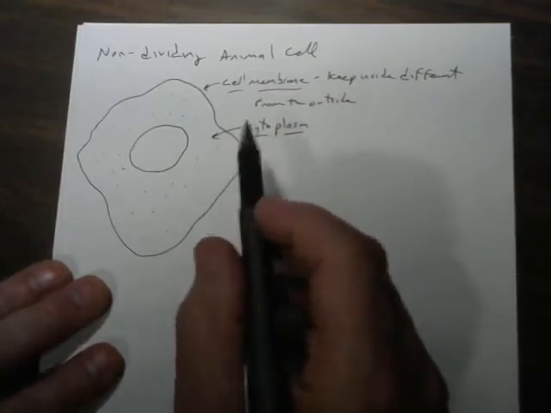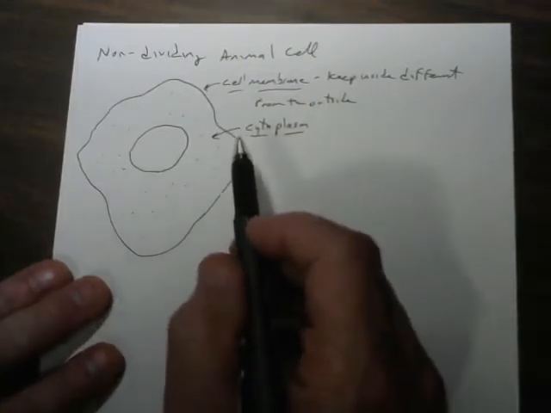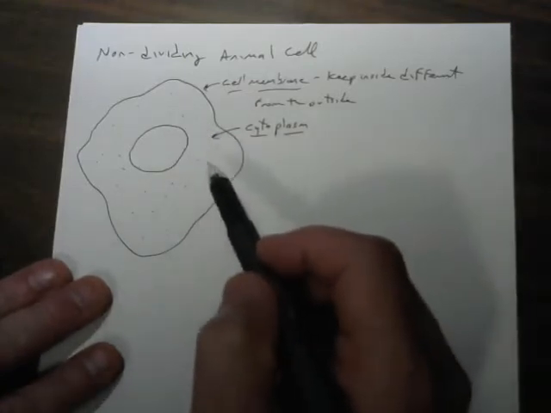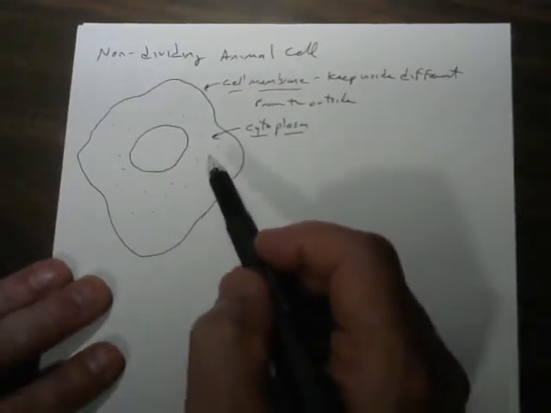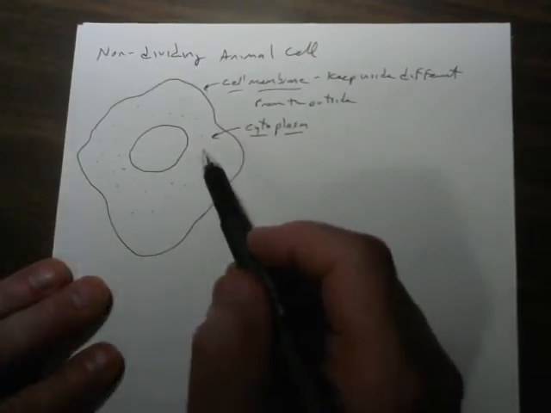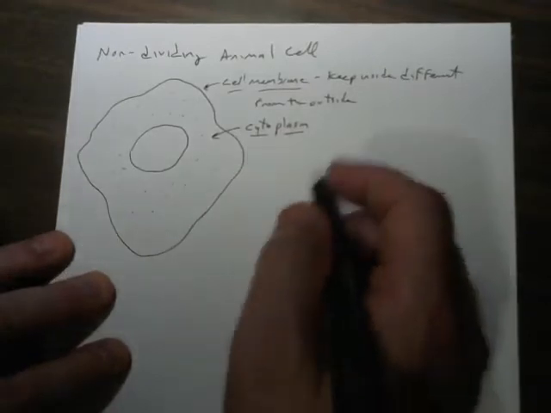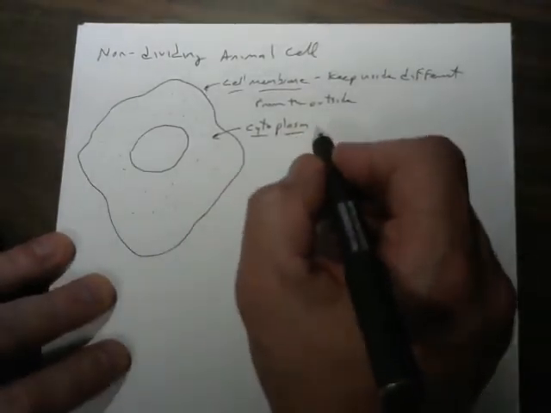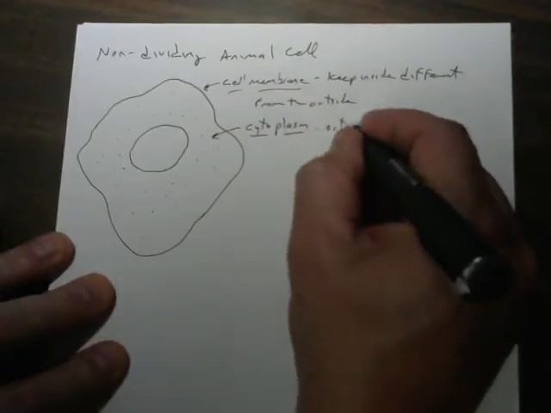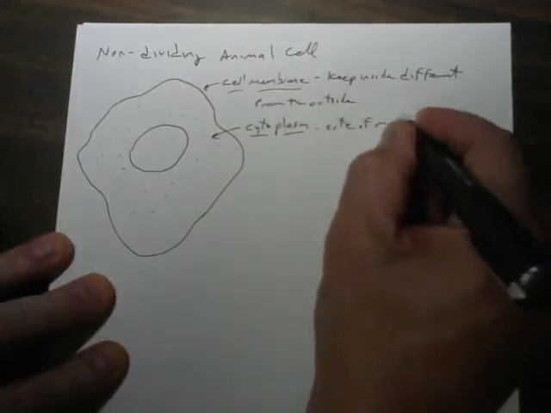So all of the chemical reactions within the cell are happening essentially in the cytoplasm. So all of the raw materials, all of the products, all of the enzymes, all of the intermediates of all of those chemical reactions. So it's pretty complex. It has no structure. It's like stew. Anyway, we'll just write site of metabolism.